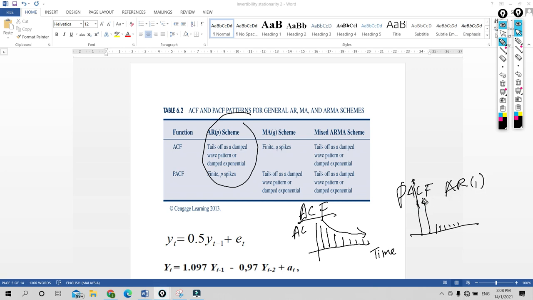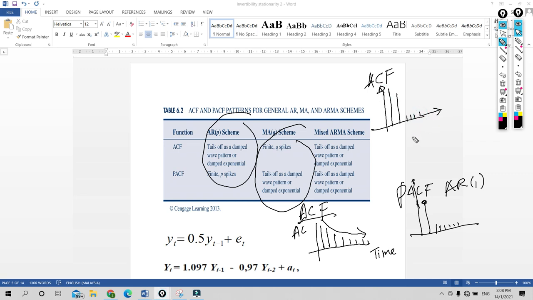And for the MA model, now if in your ACF graph you have spikes, let's say I have two spikes here, then the rest is still off.